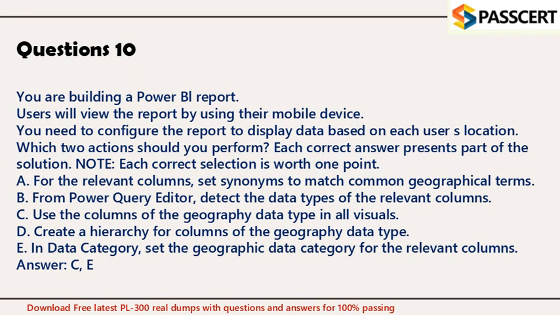B. From Power Query Editor, detect the data types of the relevant columns. C. Use the columns of the geography data type in all visuals. D. Create a hierarchy for columns of the geography data type. E. In data category, set the geographic data category for the relevant columns. Answer: C, E.